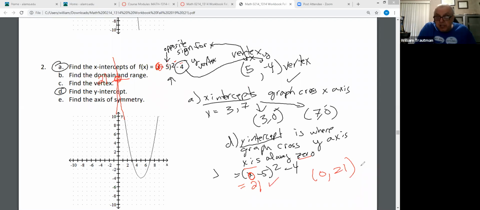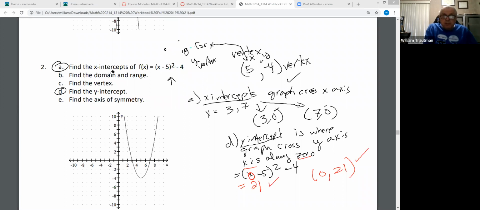So this right here is the y-intercept. We've done that before. We haven't done it for a parabola, but it's the same process.